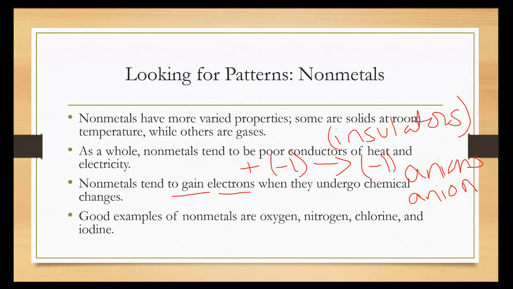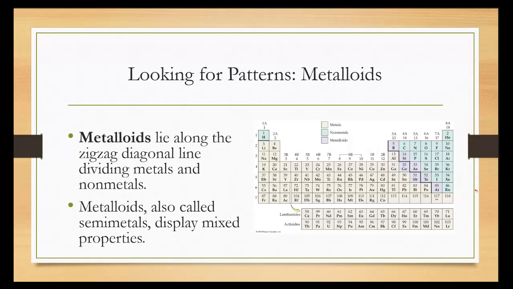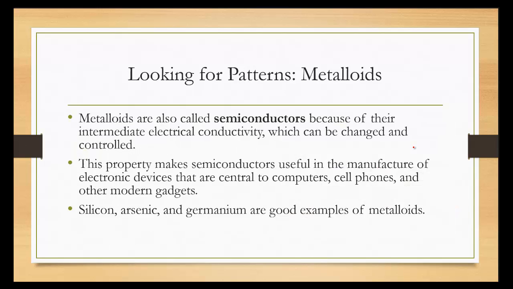Metalloids lie along the zigzag diagonal line dividing metals and nonmetals. Metalloids are also called semimetals and display mixed properties of both the metals and the nonmetals. They're also called semiconductors. So metalloids have 3 names: metalloids, semimetals, and semiconductors.